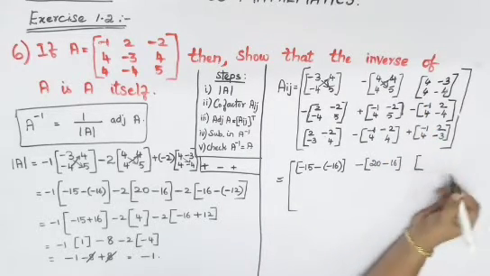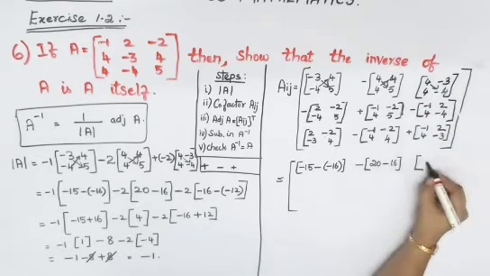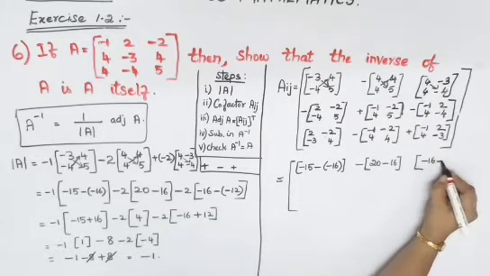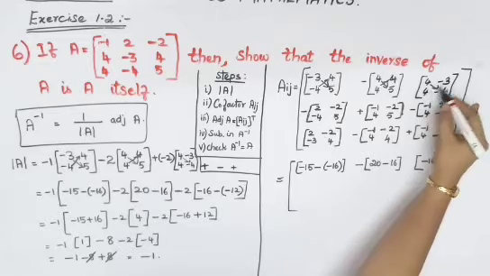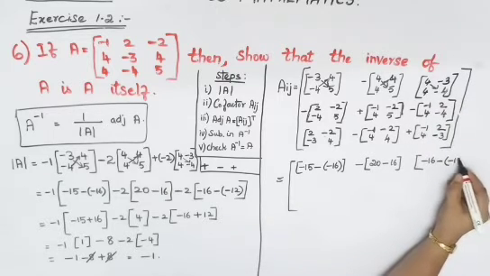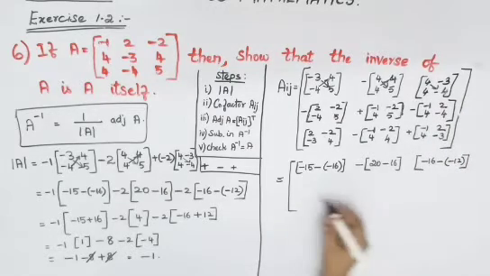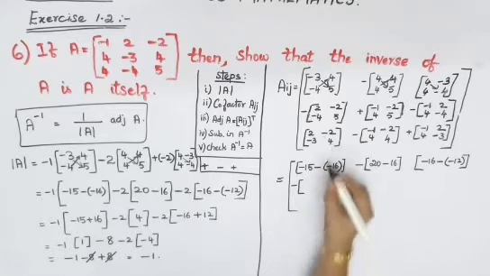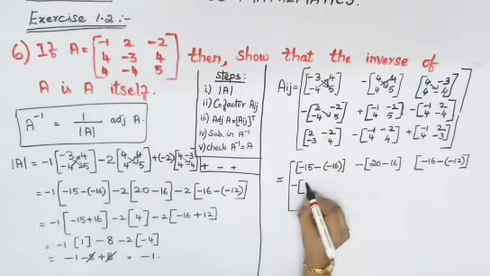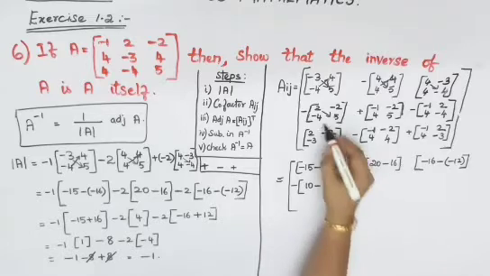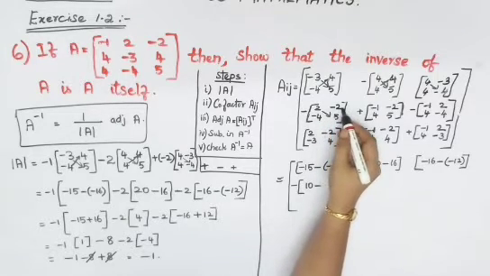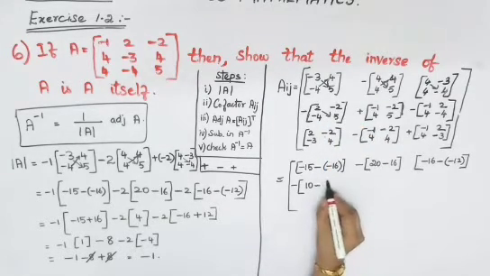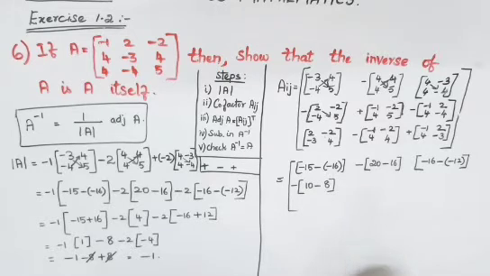Then open your bracket, 4 into minus 4 is minus 16 minus, again open your bracket, 4 3s are 12 but minus 12. So your second row minus, open your bracket, 2 5s are 10 minus 4 2s are 8, minus into minus is plus, so plus 8, but we have got format minus, because of that it is minus 8.